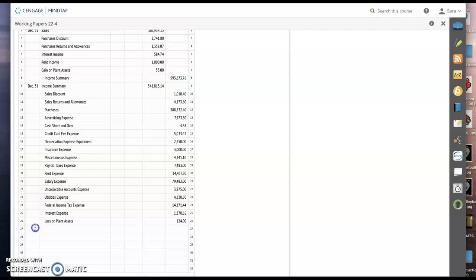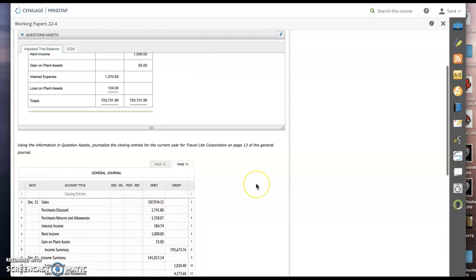And then next we are looking at closing our net income. So we'll have December 31st income summary and retained earnings.